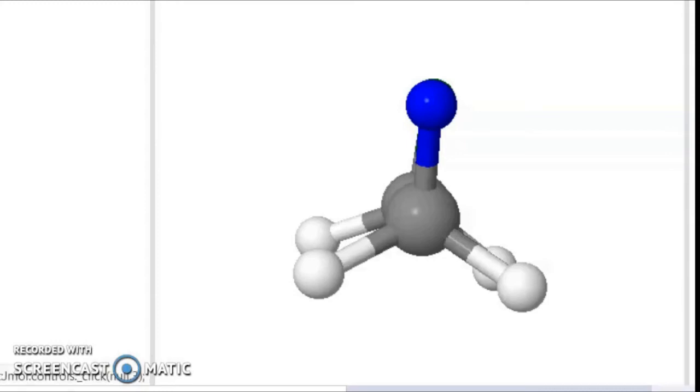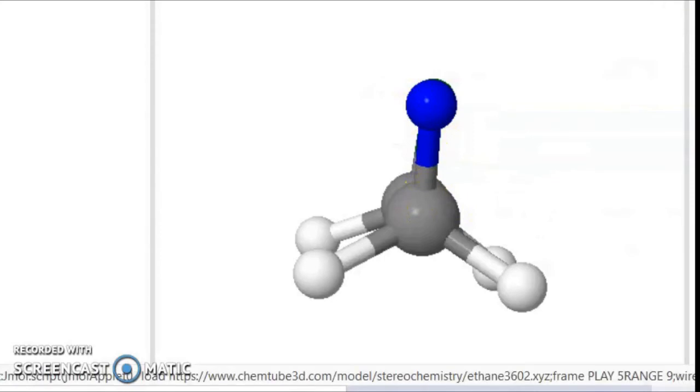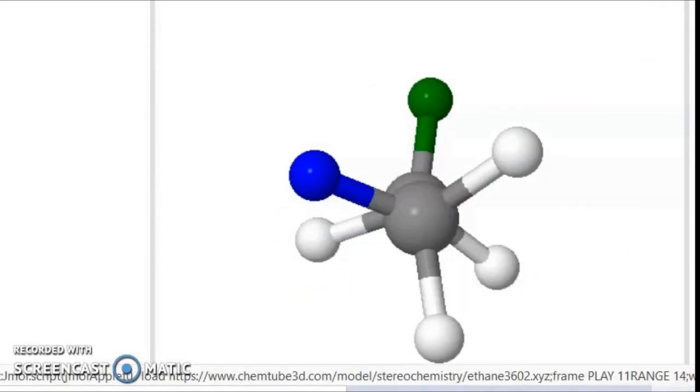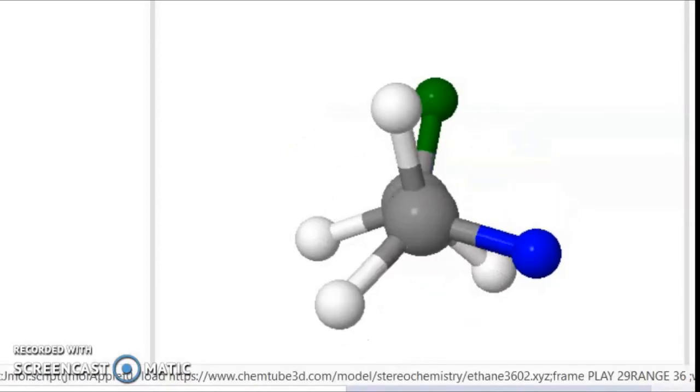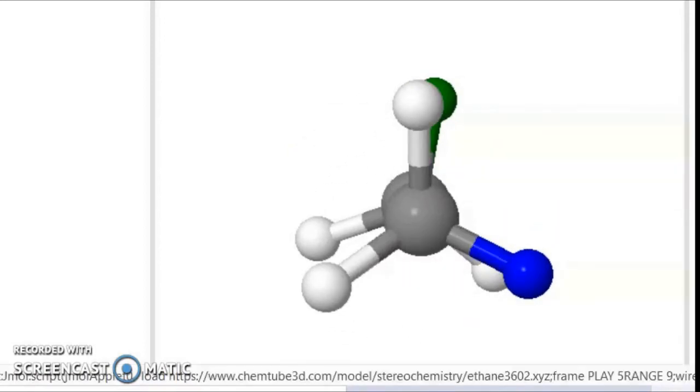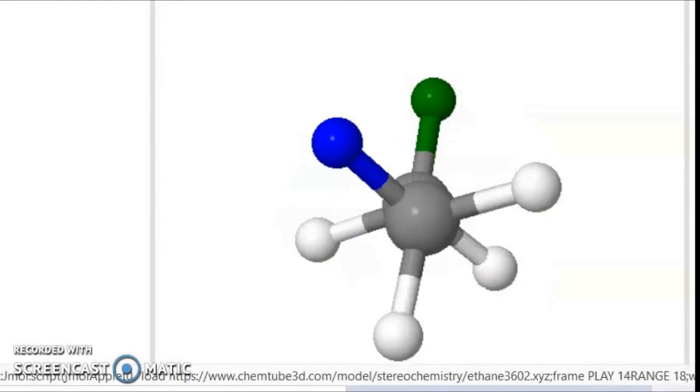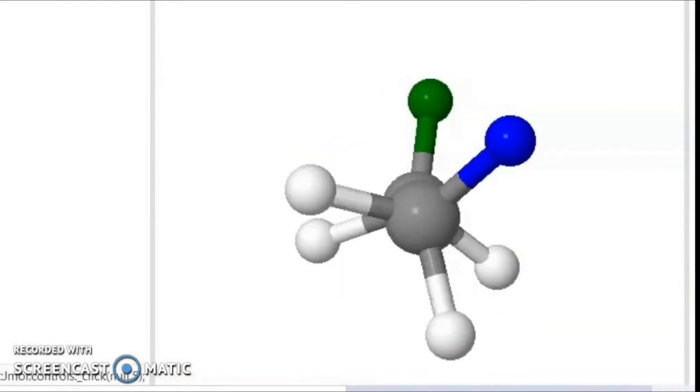Okay, and this rotation, as I said earlier, happens continuously. You can see here, always the molecule keeps on rotating.